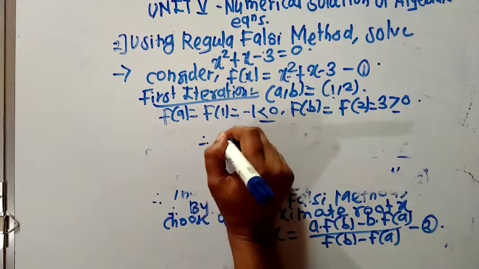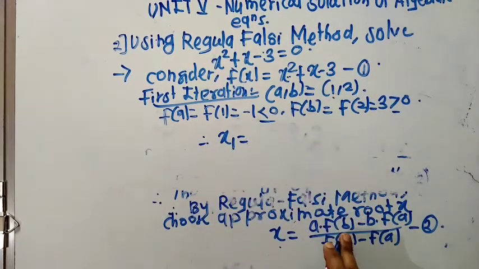So first find x1, which is equal to a into f of b minus b into f of a divided by f of b minus f of a.